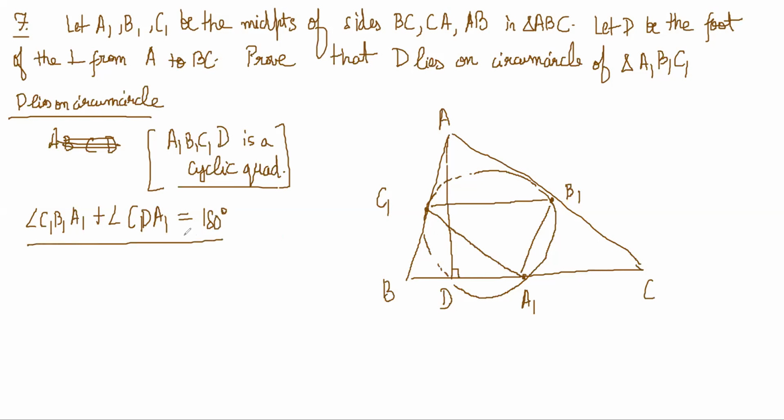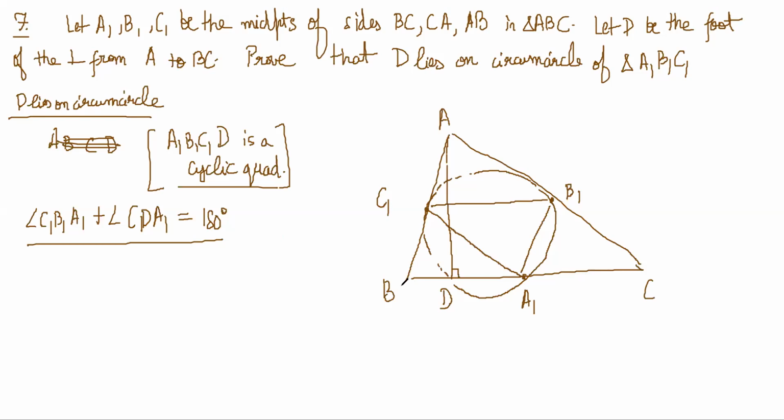Okay. So C1, B1, A1, can we figure out the angle? We know that B1C1 is parallel to BC, no? And similarly, A1B1 is parallel to AB, right?